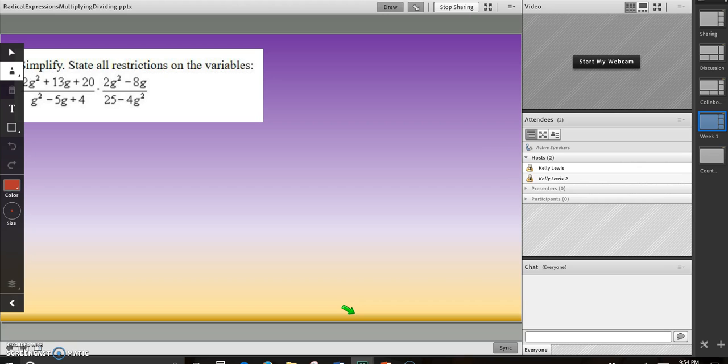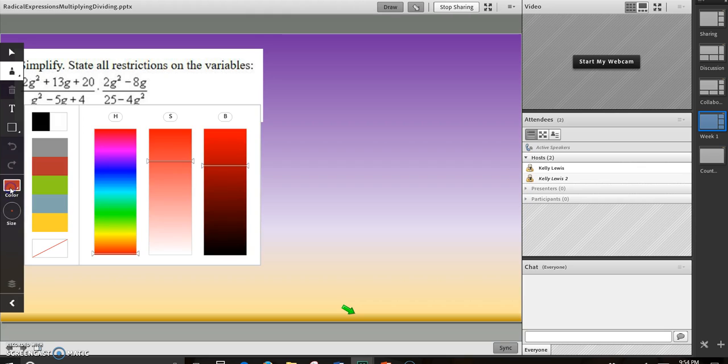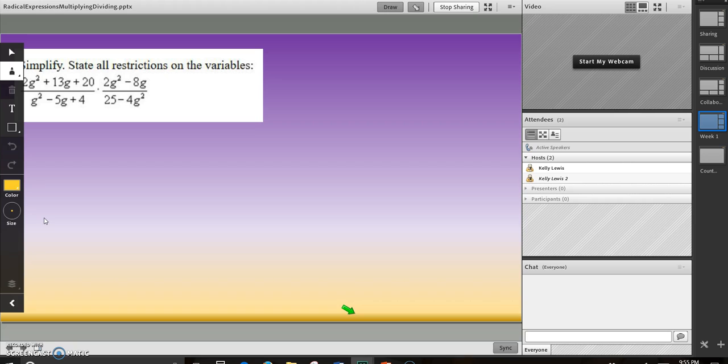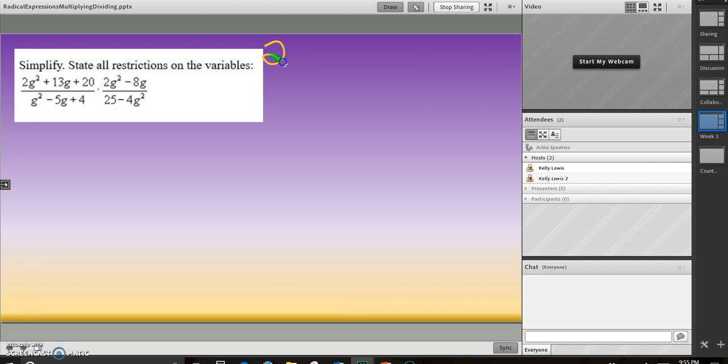All right, so here, I want to do a really hard one to show you that it doesn't matter. We're just going to do baby steps. All right, let's hope I can write small enough. I get 2g squared plus 13g plus 20. Since there's a number here, we have to do 2 times 20.